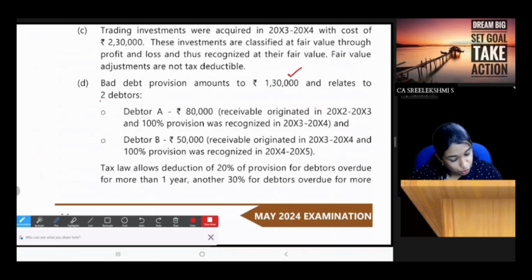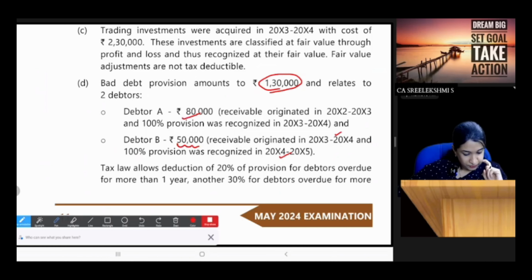That is relating to two debtors. Debtor A, 80,000 receivable originated in 12/13, and 100% provision was recognized in 13/14. Debtor B, 50,000. That is how 1,30,000, 80 and 50. Receivable originated in 13/14 and 100% provision in 14/15.